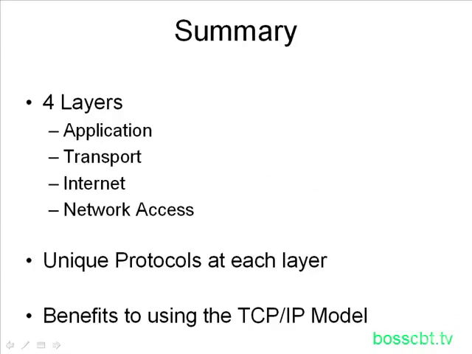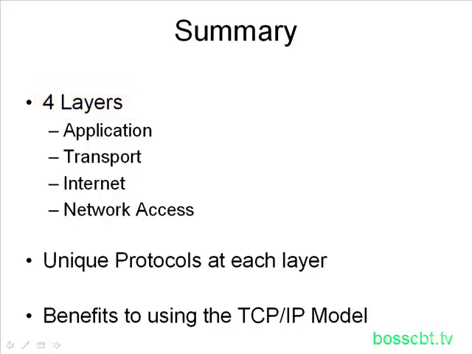And congratulations, you've made it to the end of this tutorial. Let's summarize what we've covered. We now know there are 4 layers of the TCP/IP model: the application, the transport, the internet, and the network access layer. Each layer does something unique and different, and each layer has to interact with the layer above it and below it.